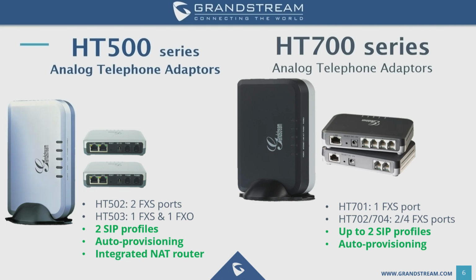The HT502 gives you 2 FXS ports, and the HT503, a bit of a hybrid ATA, gives you 1 FXS and 1 FXO port. All of the HT500 series gives you integrated NAT routers. The 700 series does not, and the 800 series does give you the built-in NAT router functionality.